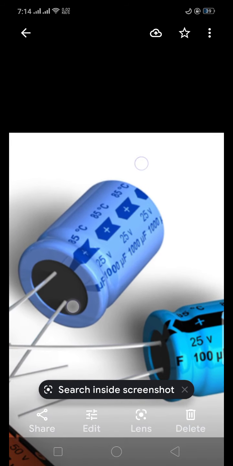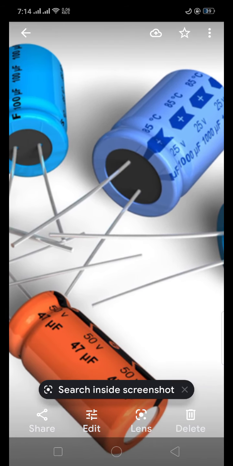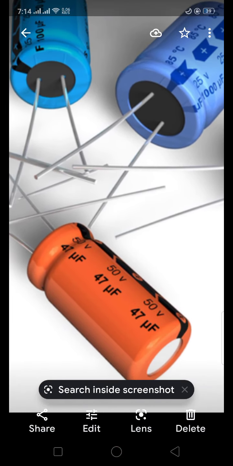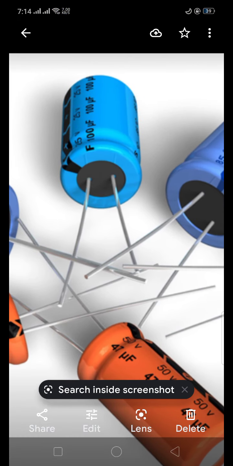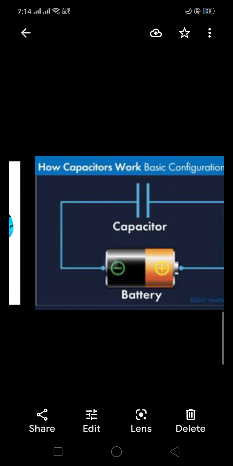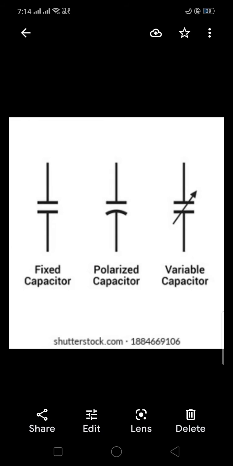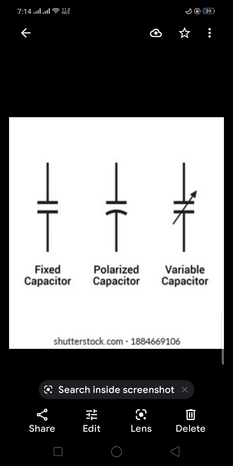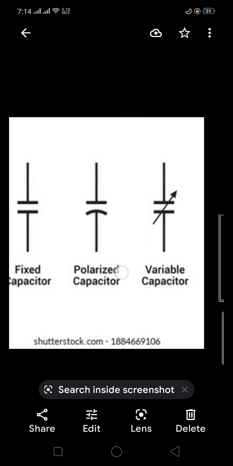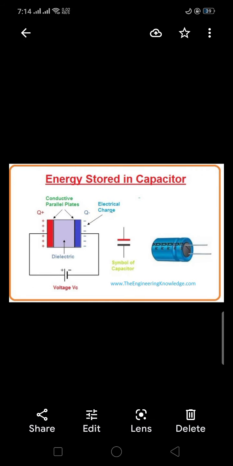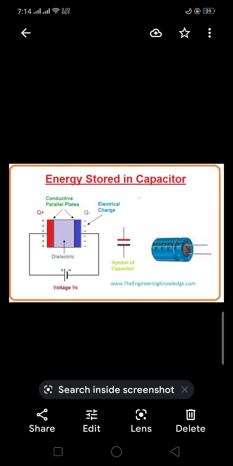Similarly, this capacitor also has a positive sign marking, so we say that this is a polarized capacitor, and this one also. These are known as polarized capacitors. Generally, this one on the left-hand side is a fixed capacitor, and the middle one is a polarized and variable capacitor, just like a variable resistor.